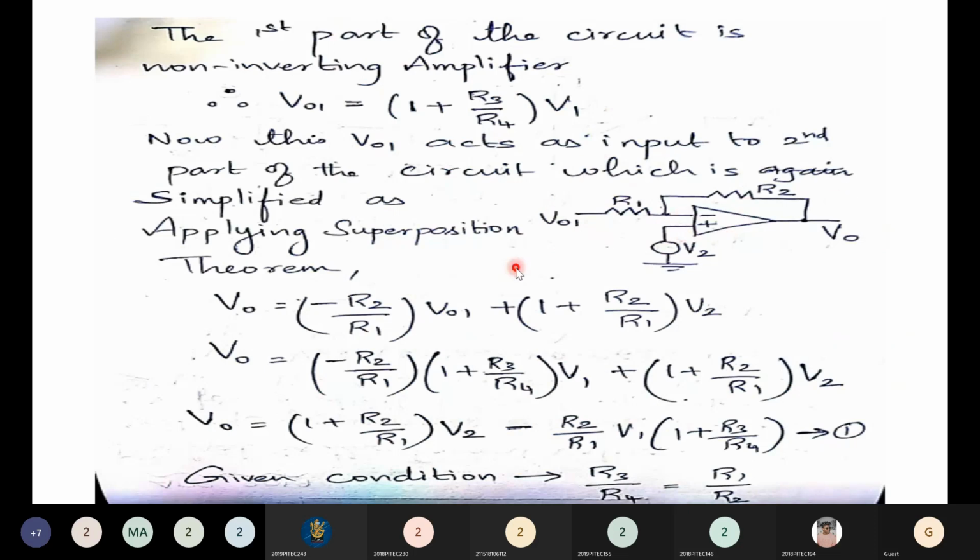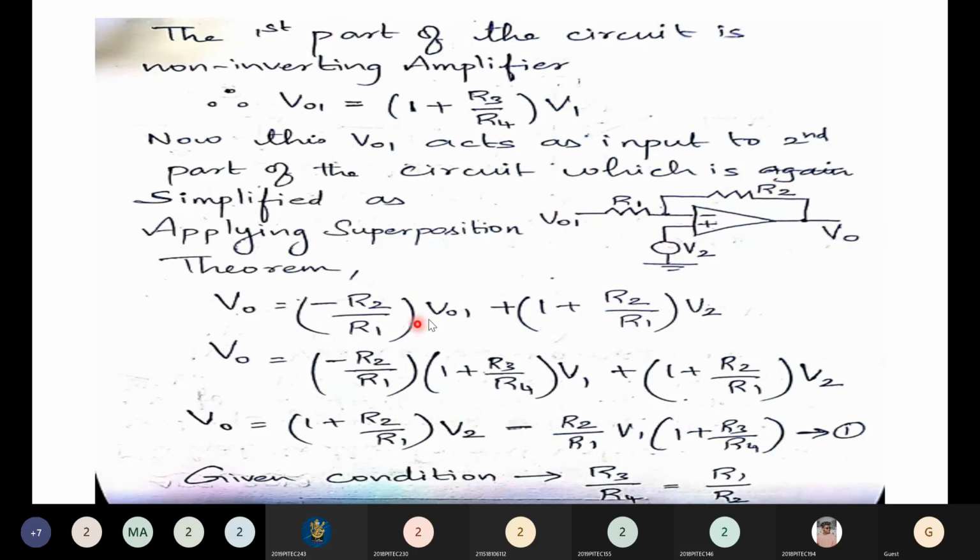When I consider V01 alone, it means V2 is grounded. It looks like an inverting amplifier. This is grounded and you have an input applied through a resistor to the inverting terminal and a feedback. So it is an inverting amplifier and therefore output will be equal to minus R2 by R1 times the input. That is what is written here.